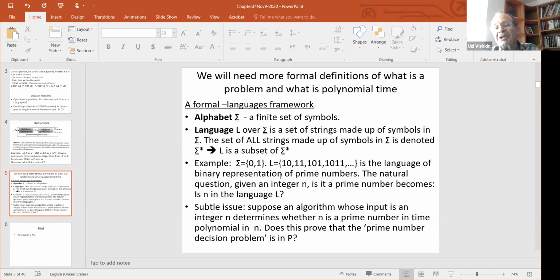If I give you a number, is it prime or not? Problem clear, right? No problem. The only mental exercise you need to do on this slide is to translate this question to the setting of languages, where prime numbers will be a language. A language is a set. And who is in the set? All the prime numbers, right?